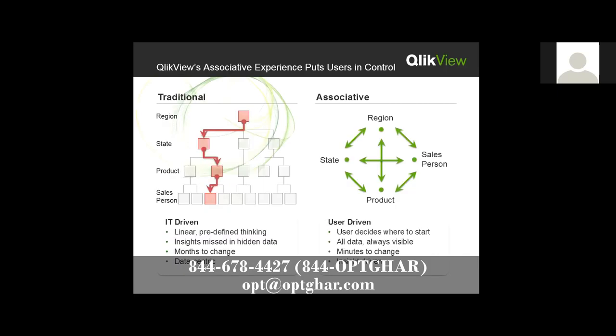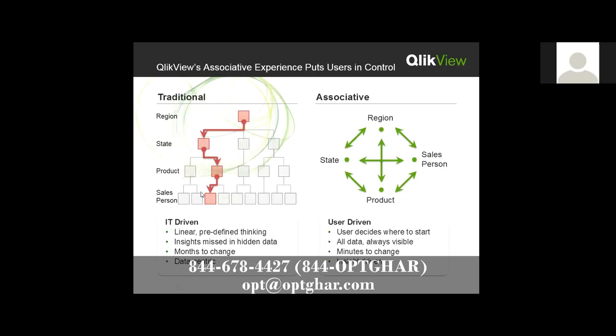We have traditional BI and we have associative BI. Let me give you a glimpse of what associativeness is. Here we are explaining visually: we have different dimensions, and people who want to analyze data region wise and product wise can do that in Qlikview, and state wise and salesperson wise as well.